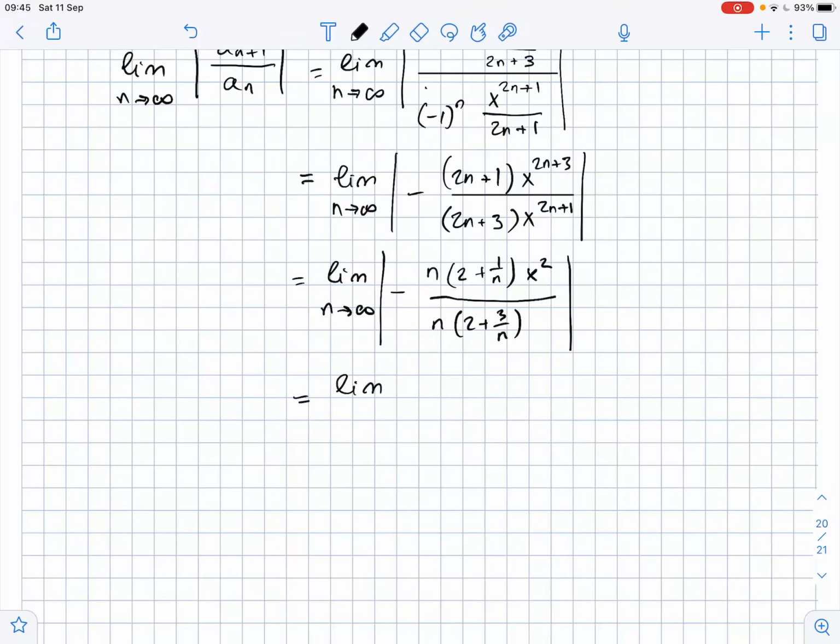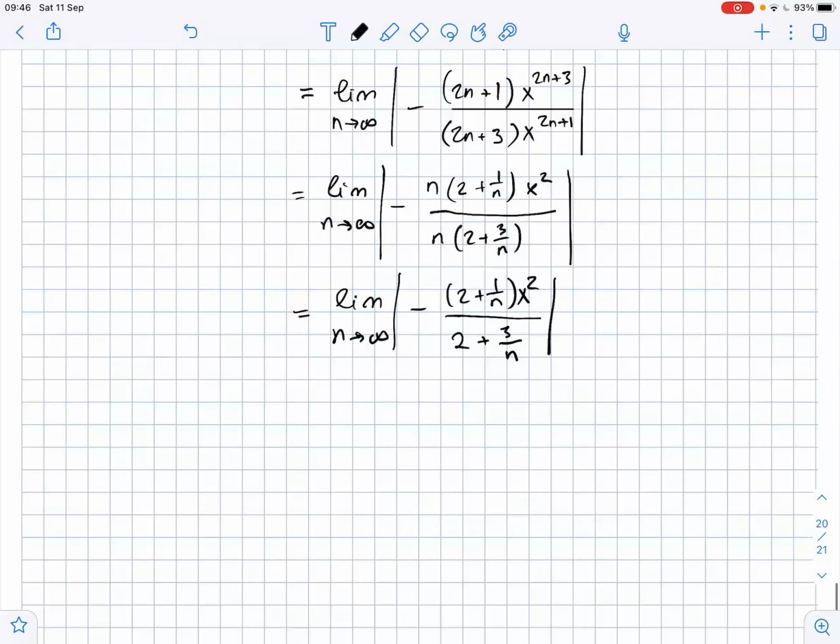Then this equals the limit of the absolute value of negative 2 plus 1 over n times x squared over 2 plus 3 over n. Now since n approaches infinity, then 1 over n approaches 0 and 3 over n approaches 0 as well.